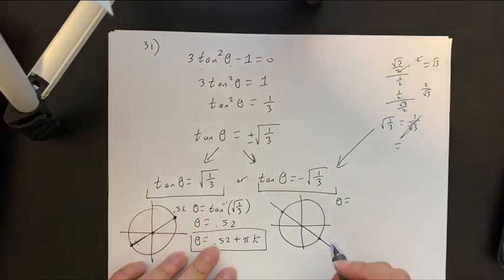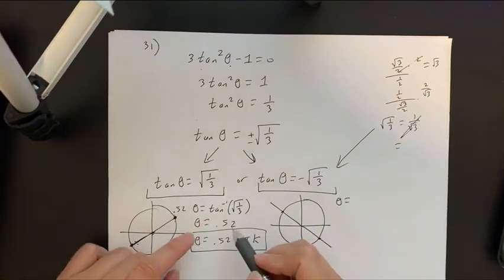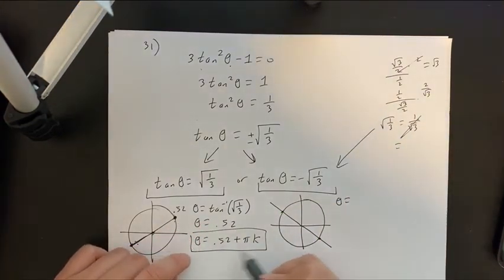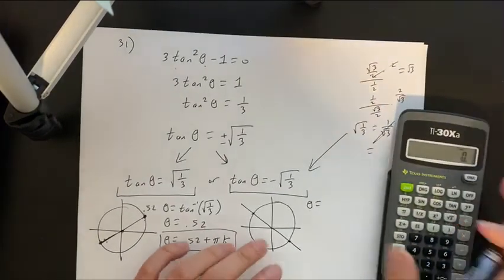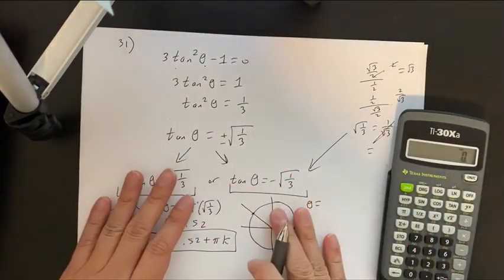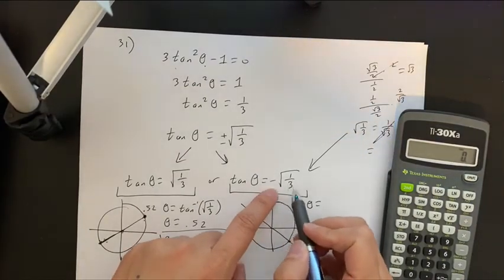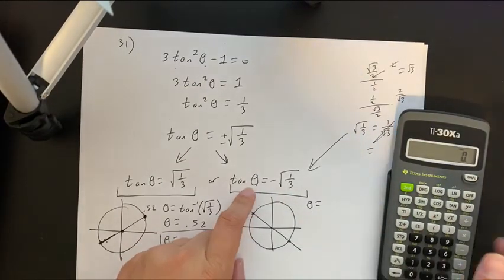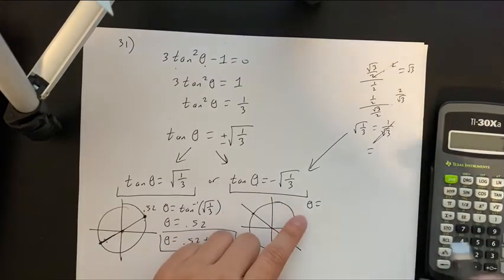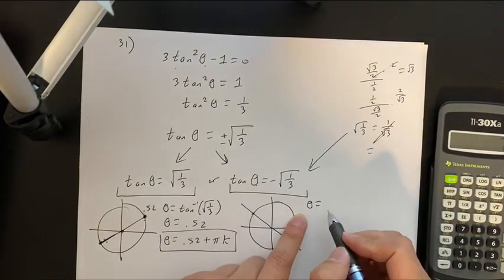I'll show you guys that in a bit. But assuming you don't really know that it's a nice angle, you can still go about solving it this way. So I'm going to complete this problem, assuming that I didn't know that theta turns out to be a pretty nice angle.